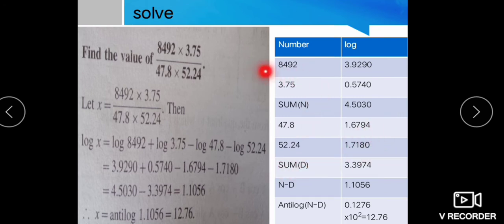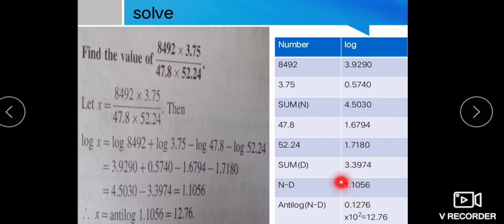Take the sum of logarithms in the numerator and the sum of logarithms in the denominator, subtract the denominator from the numerator, and see the antilog of the difference.